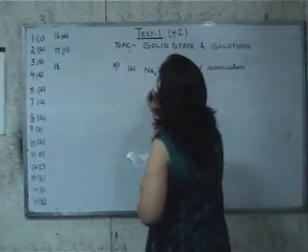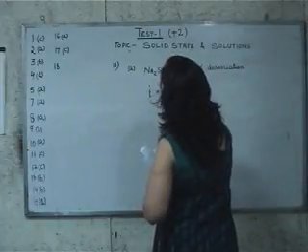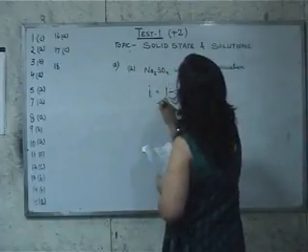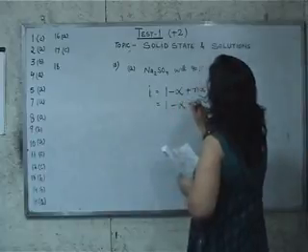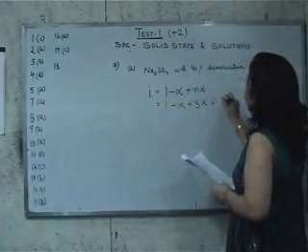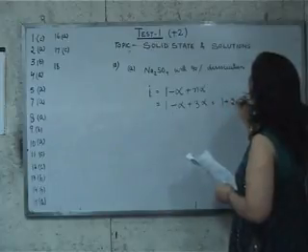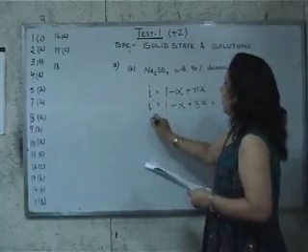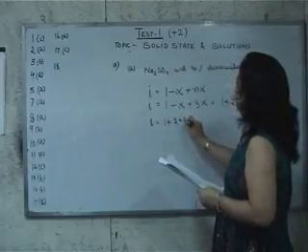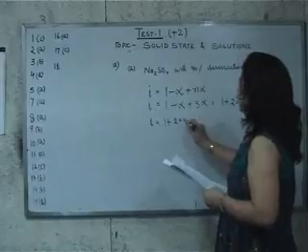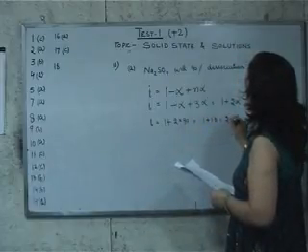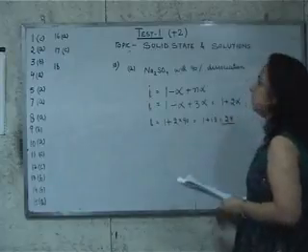It means we have to use the formula i is equal to 1 minus alpha plus n alpha. 1 minus alpha plus number of ions is 3, it means 3 alpha. It becomes 1 plus 2 alpha is equal to i. i becomes 1 plus 2 into 0.9, that means 1 plus 1.8. It becomes 2.8, not 3.